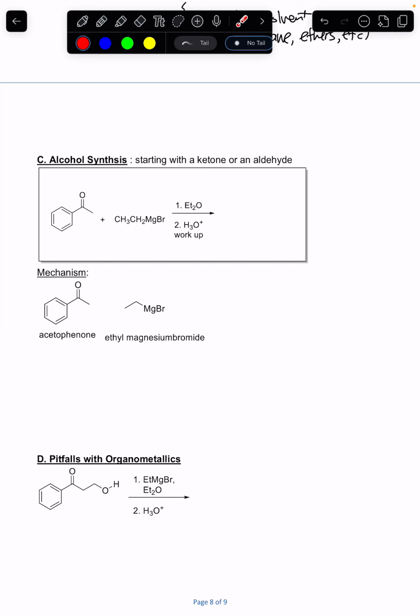Because if you add water to this directly, this, remember, is a strong base. You would pick up acidic proton from hydronium ion, and that's all that happens. We would say the Grignard reagent would be quenched, and it would not do anything to this ketone molecule. Okay, so this is a separate step after the first step is over.